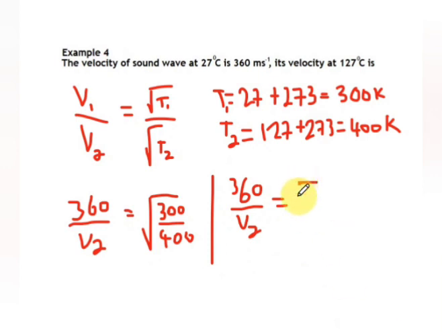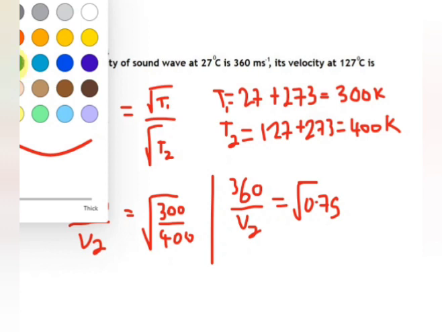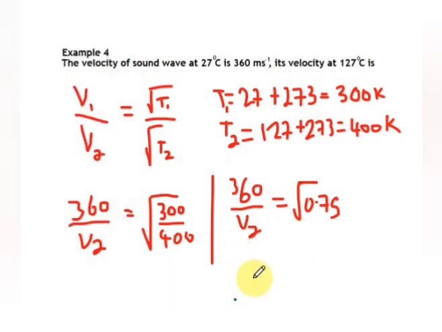So we have square root of 0.75. Just want to change the color. So working this out, we'll have 360 divided by V2 is equal to, the square root of 0.75 is 0.866.